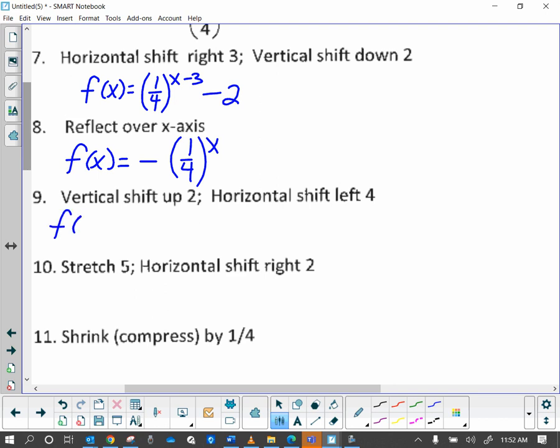Okay, so f of x equals 1/4 to the x power, but it says horizontal shift left 4, so plus 4 with the exponent, up 2, we're going to put a big plus 2 at the end. And whatever that number is, the number at the very end, if you have a whole number at the very end, that is where your range starts. That is your asymptote. So the equation for the asymptote for number 9 would be y equals 2. Your range would be 2 to infinity.